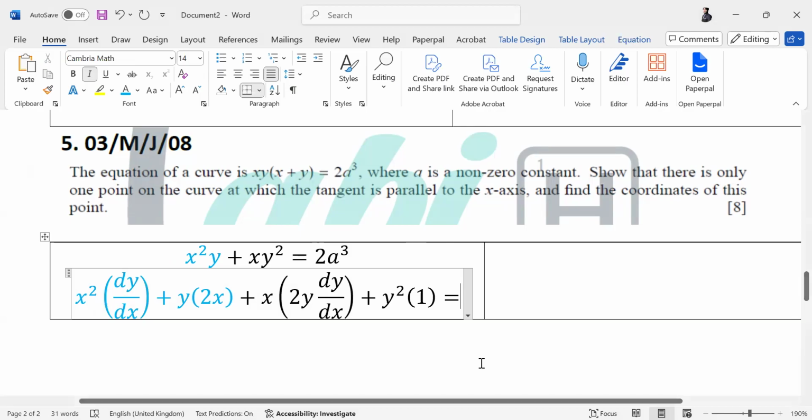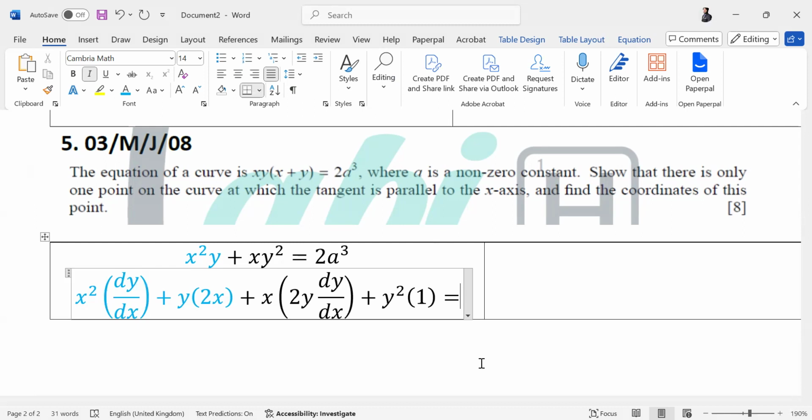So yes, it's a constant. So what are the derivatives of constants? Not a variable. What is the derivative of 5 cube? What is the derivative of 125?